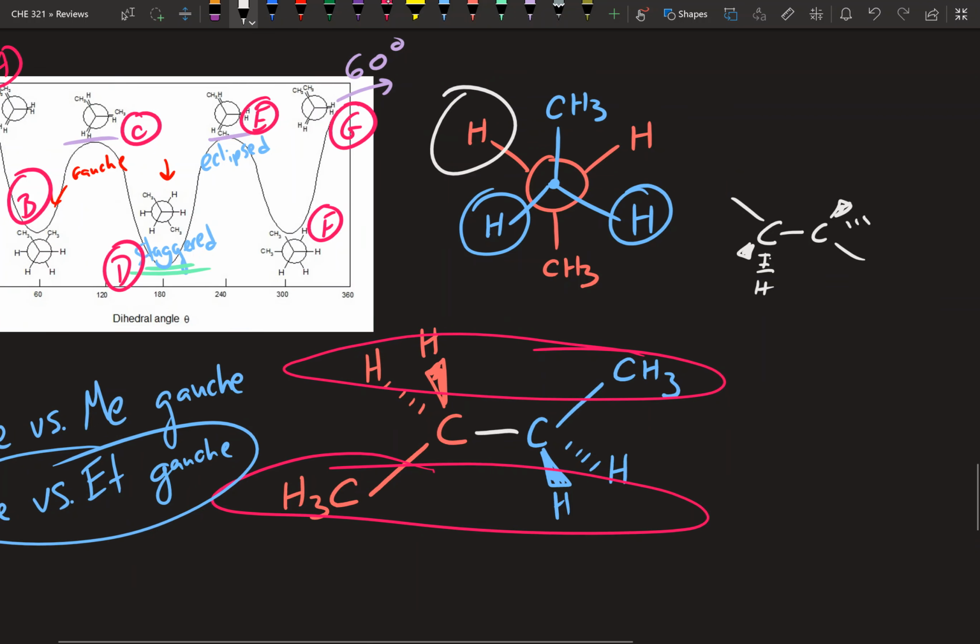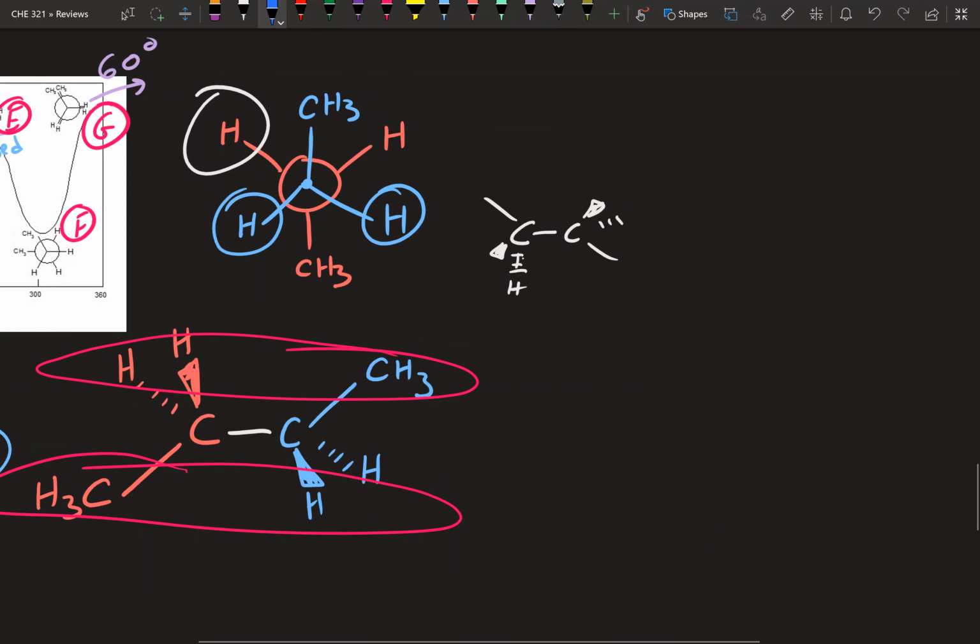If you look very quickly, you can draw these out, but these two are opposite each other, so that's the anti one. That'll be as stable as possible, or further down on the y-axis. Whereas if they were to give you something like this, you can draw the Newman for this.